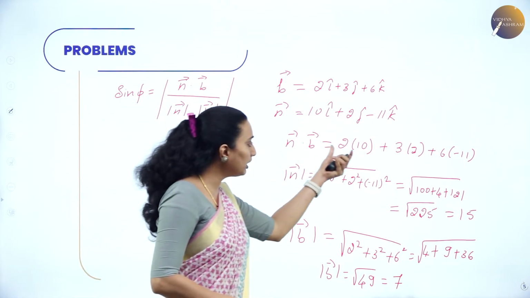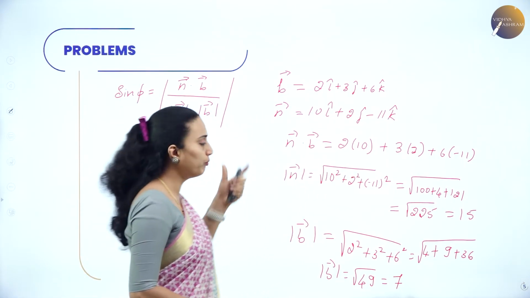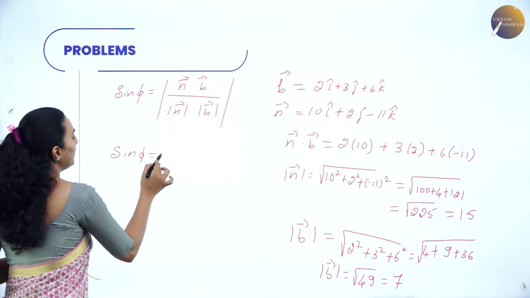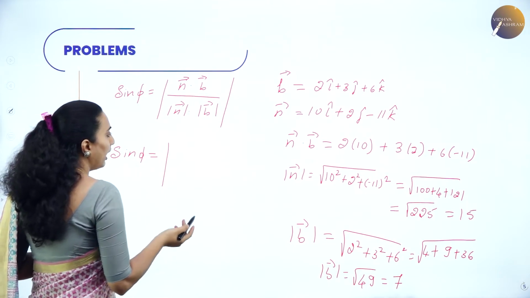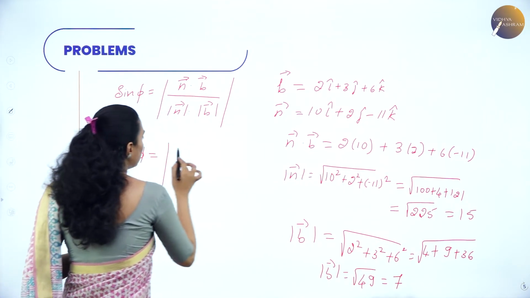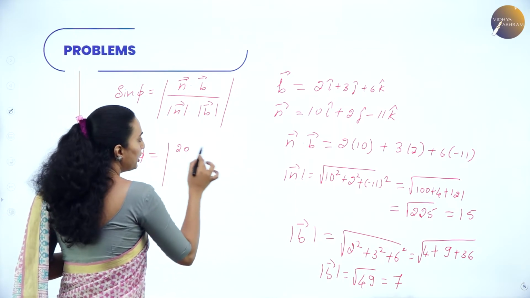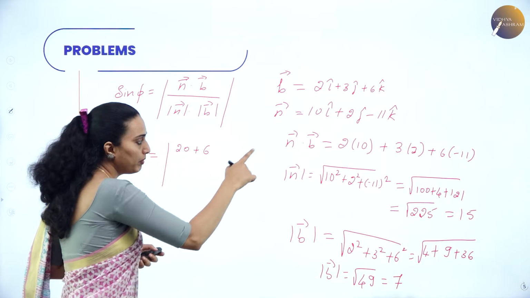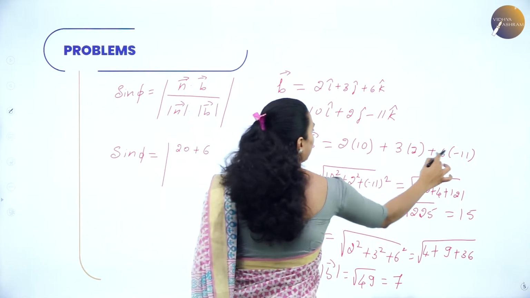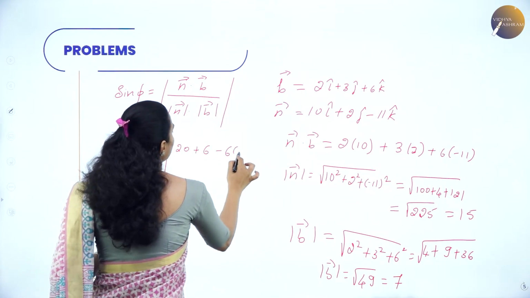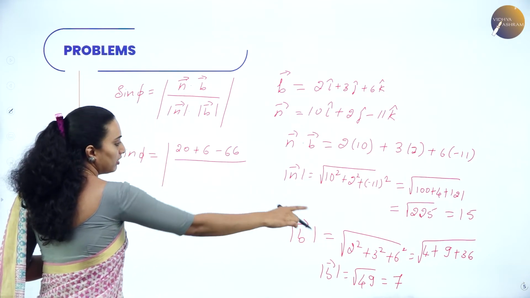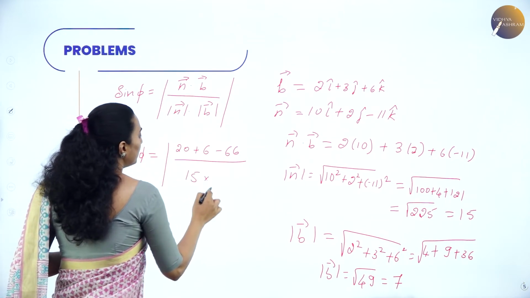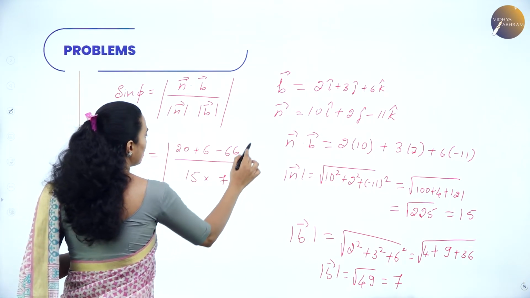Now, substituting these values in the formula, we are getting sine phi equals the magnitude of n vector dot b, that is 2 tens are 20, plus 3 2s are 6, plus into minus is minus, 11 6s are 66, minus 66, divided by the magnitude of n vector, which is 15, into the magnitude of b vector, which is 7.